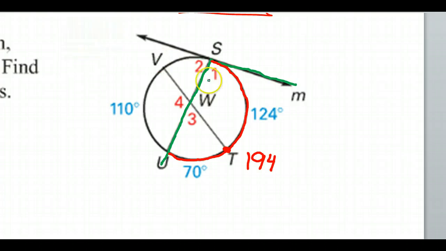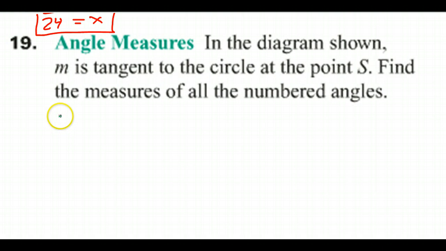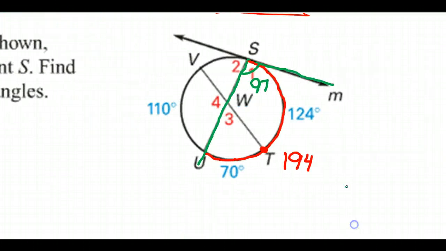I'll put it here in green for a minute. So this angle right here is 97 degrees. So let's keep track. I'll make a little list over here. We're supposed to find the measure of all the angles. So the measure of angle 1 is 97 degrees. Now, like I said right from the beginning, angle 1 and angle 2 are supplementary because of this whole straight line business. So angle 2, I should be able to just subtract from 180.